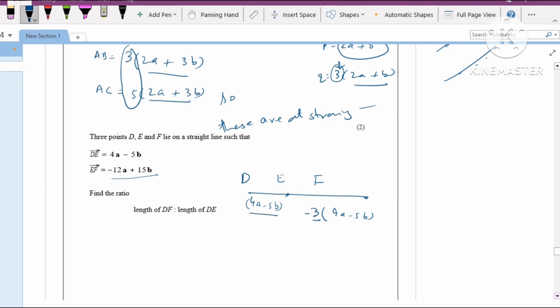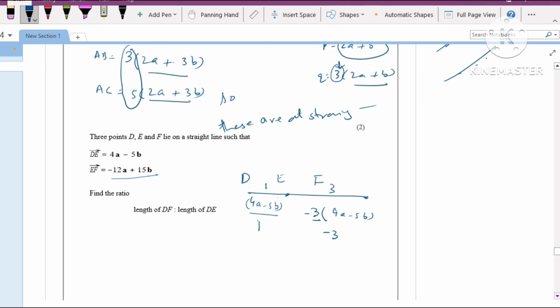So if this is 1 from D to E, this from E to F is minus 3, because we are talking about the magnitudes and ratio. We are just concerned about the number, so don't worry about the sign. So from D to E it's 1 unit, from E to F it's 3 units.